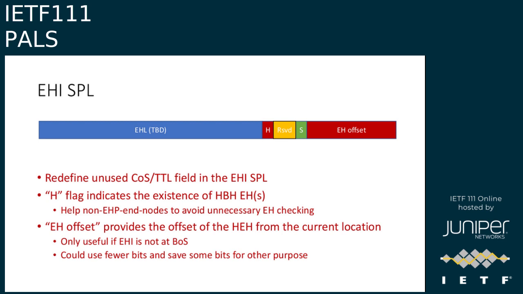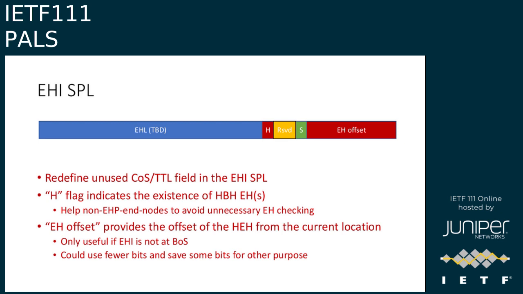For example, we can define the first bit as an H flag. The H flag simply means there are HBH extension headers in the payload. So it can be used to help EHP-incapable nodes avoid unnecessary extension header checking, because if they see they are internal nodes, they just stop searching.